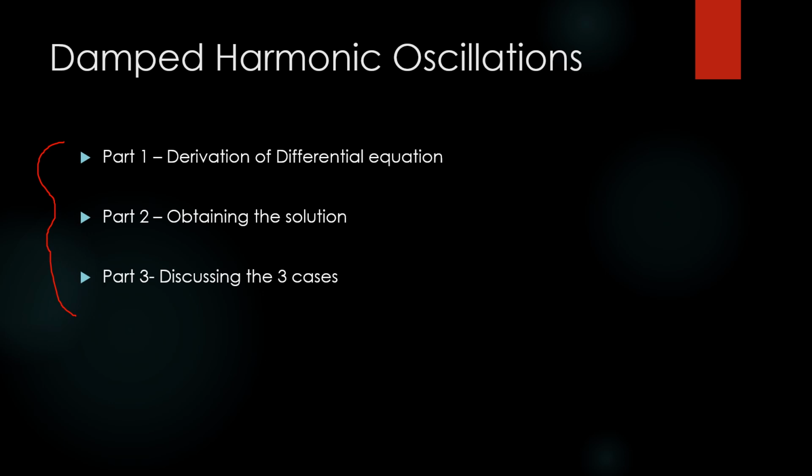Either they will ask to derive the differential equation and obtain the solution, or sometimes they will ask only part 2 and part 3. And for some short questions, they will ask you to discuss any one of the three cases. While you discuss the three cases, it is very important to draw the graphical representation of the variation of the displacement. That graph is very important.